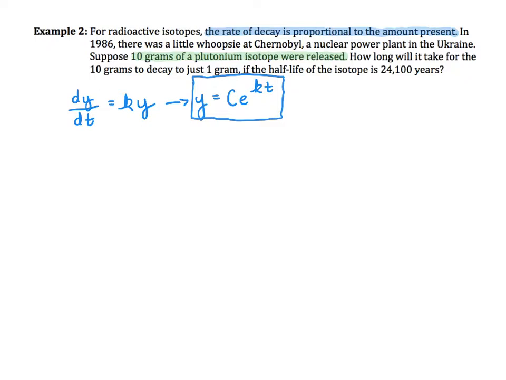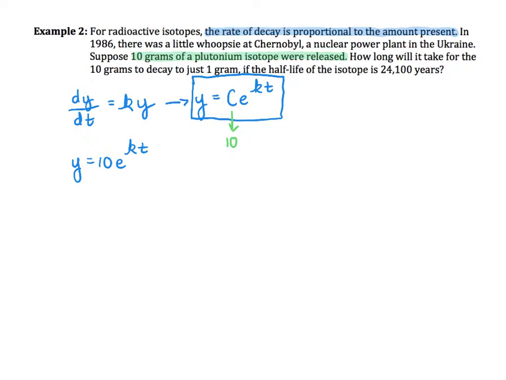So in other words, this is going to tell us that C is 10. So from here, we can write y equals 10e^(kt). And then the whole question, how long will it take for the 10 grams to decay to just 1 gram, is the actual question that we're being asked.